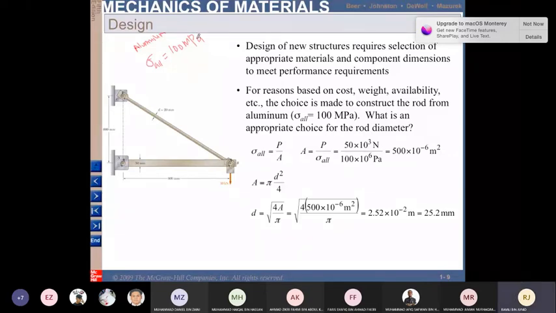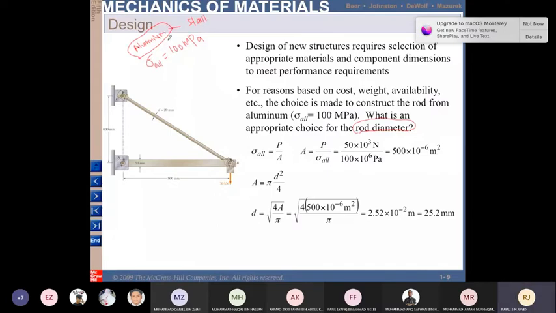Okay, and then, when you change the material to aluminium, the properties will be different. So the question asks you, what is the required diameter? Because this aluminium is weaker than steel. Steel is very much stronger than aluminium.